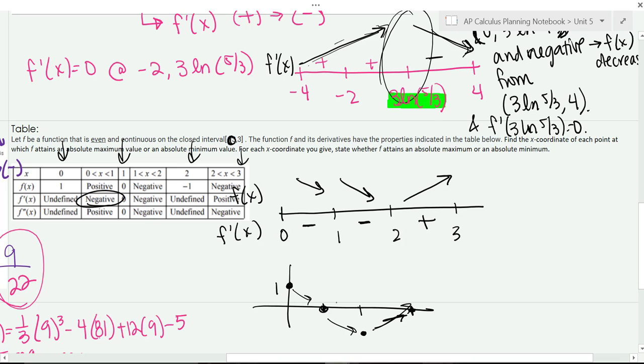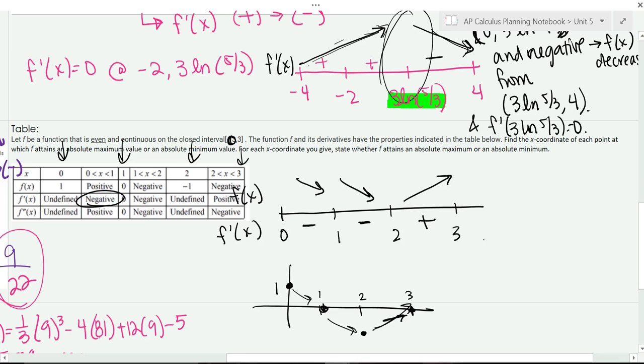So let's get an idea. 1, 2, 3. Let's get a good idea of what's happening here. We're looking at the interval from 0 to 3, we have a minimum at 2 and our maximum is going to occur at 0.